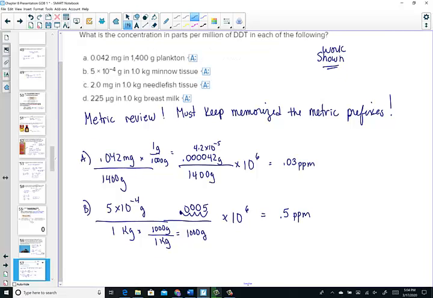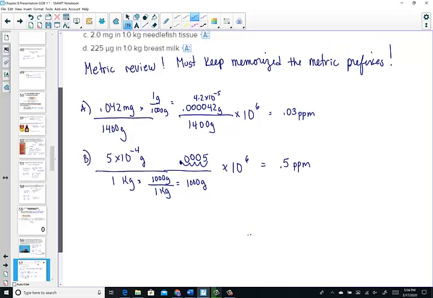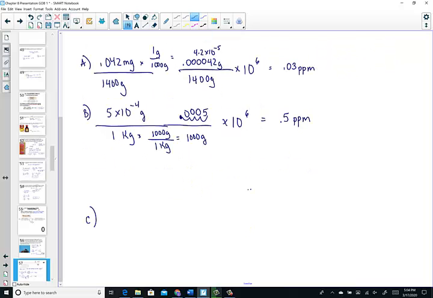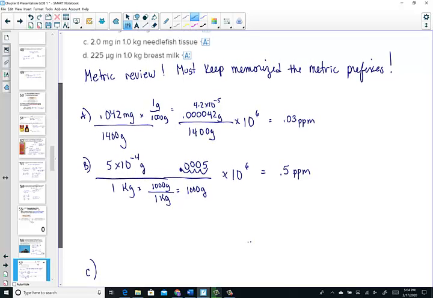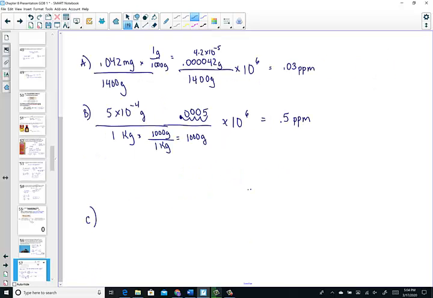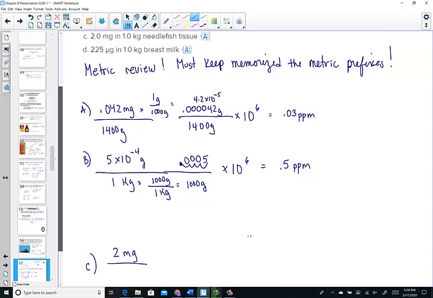How did you do? Is yours matching? Make sure you're practicing with your key sequence if it's not. Here's what I'm looking for, letter C. Letter C gives us 2 milligrams in a kilogram of needlefish tissue. We got work to do on both parts, don't we? 2 milligrams in a kilogram.